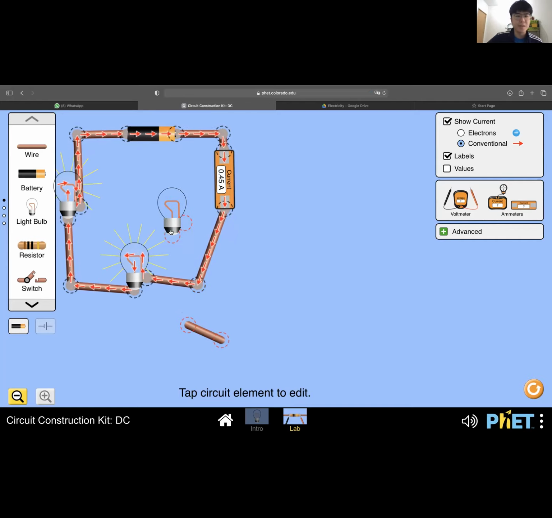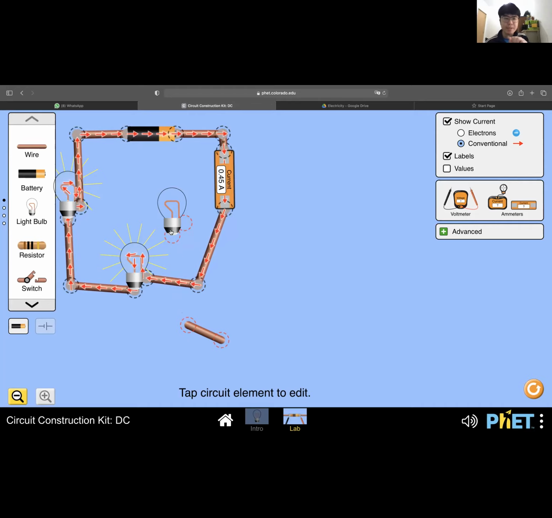What is the value of the current? 0.45, greater, right? So less load, more current. More load, less current. The more bulbs you add, the smaller the current in the circuit, and the dimmer the light bulb will be.